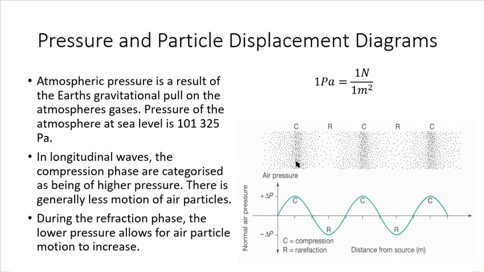At this particular point, these molecules are experiencing this particular pressure, and their general movement has decreased. Whereas if you look at the rarefaction phase, because there's less pressure than the other two phases, you can see that they're more spread out, and they have the ability to move around more during that low pressure phase.